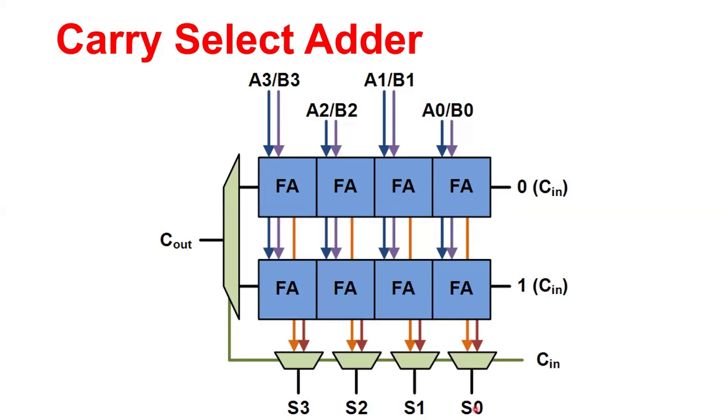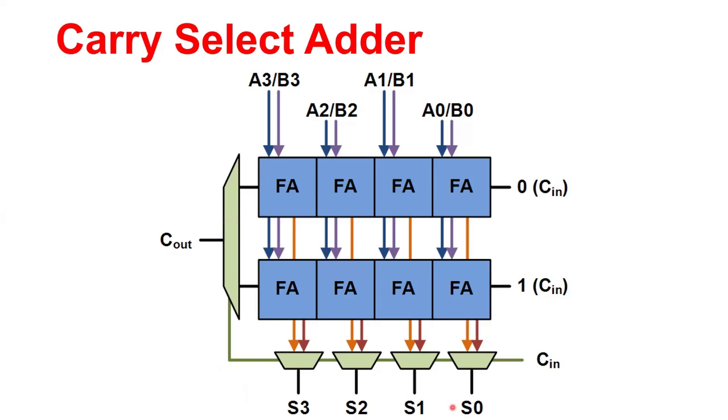Similarly, this orange line gets connected at the S1, this one, and also here S3. For this final C out, of course, this line gets connected as a C output. So that's how you get two words of 4 bits each. You have the final 5 bits output. You append this carry as an MSB here to get the final output.